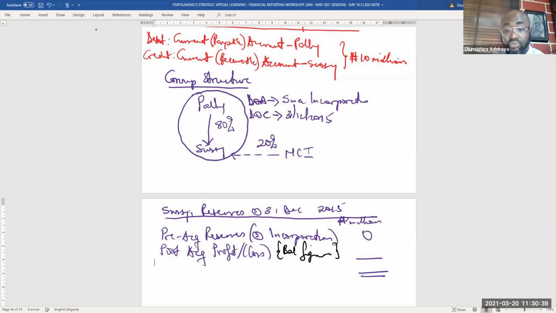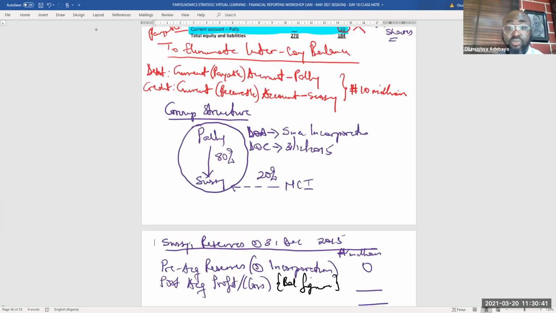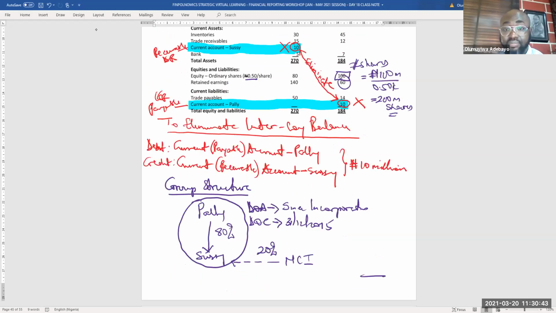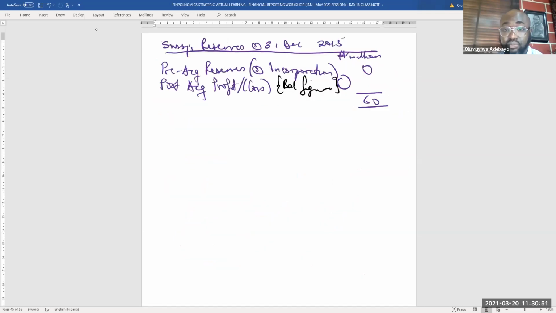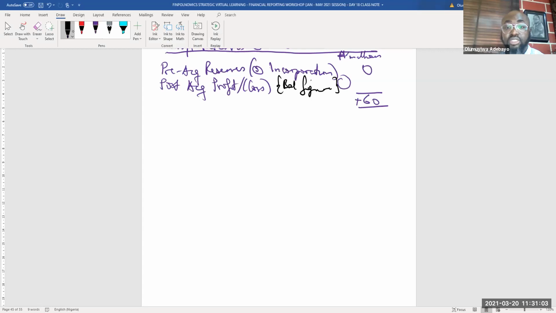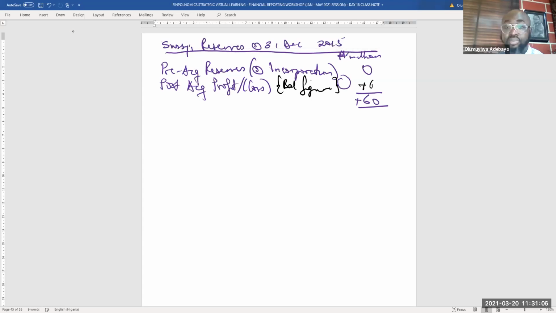What is the profit for the year? The profit for the year is 60. Therefore, the balancing figure will be plus 60.